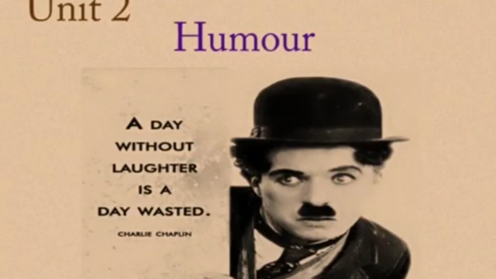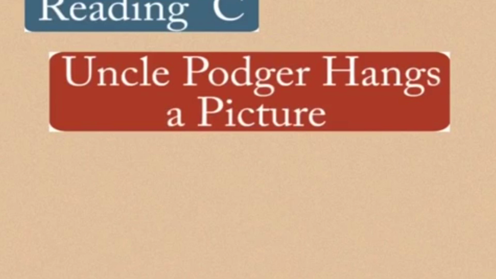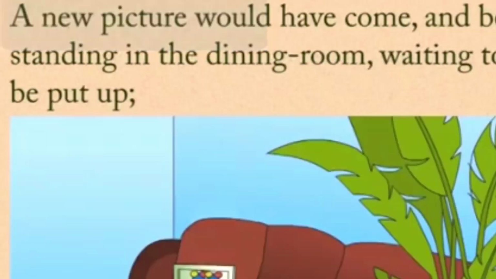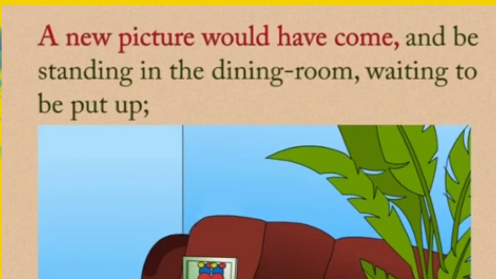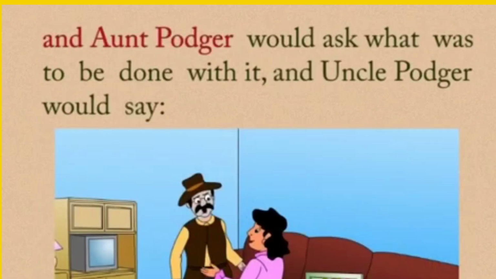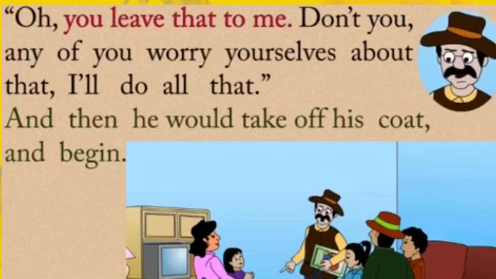Unit 2, humor, reading C. Uncle Podger hangs a picture. A new picture would have come and be standing in the dining room, waiting to be put up, and Aunt Podger would ask what was to be done with it, and Uncle Podger would say, "Oh, you leave that to me.